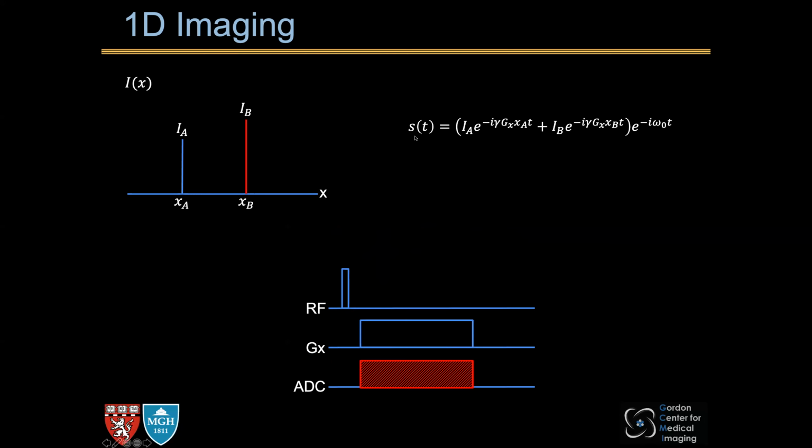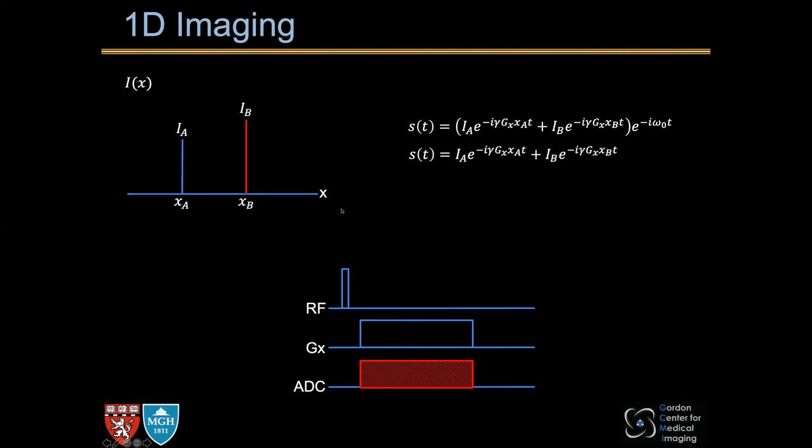Well, the received signal is still the sum of signals from these two point sources, but the difference here is that now the signals from different spatial locations have different resonance frequency due to this gradient magnetic field. Here I just drop the factor of the effect of the main external field.